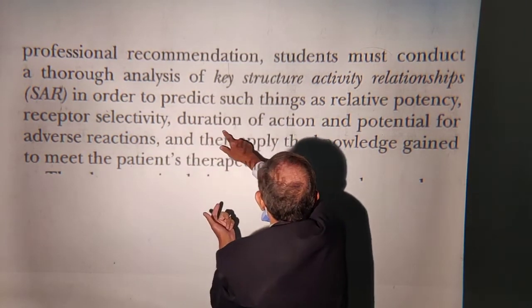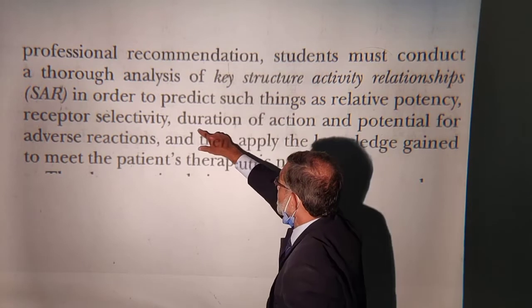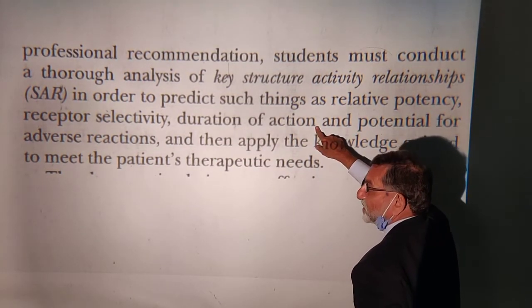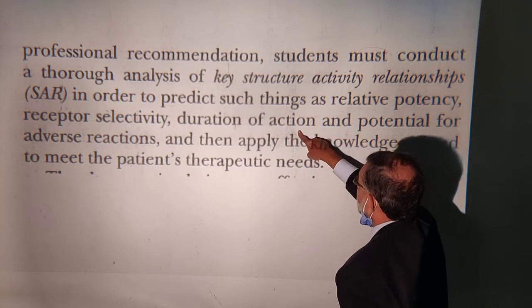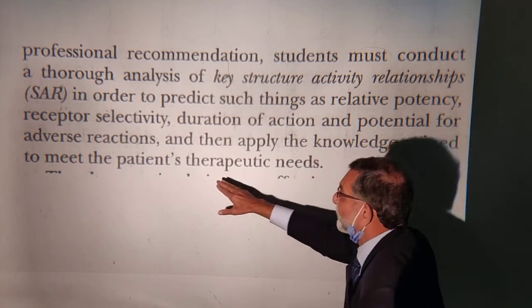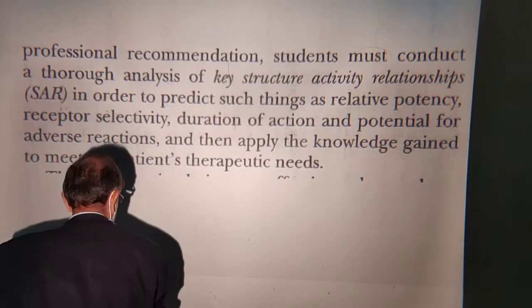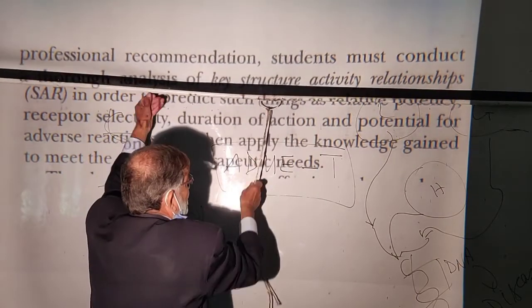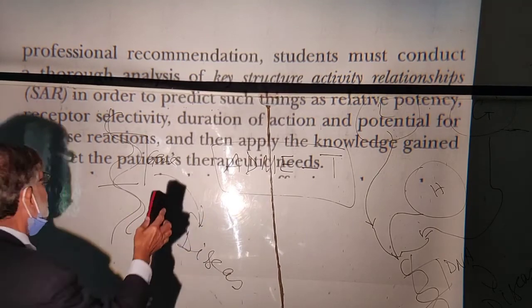And then you have to know the duration of action, which is also important. How long it will act and how it will act, the half-life and so forth would be known to you. And potential for adverse reaction. That's why I always go towards ADME with T. You can say the structure-activity relationship.